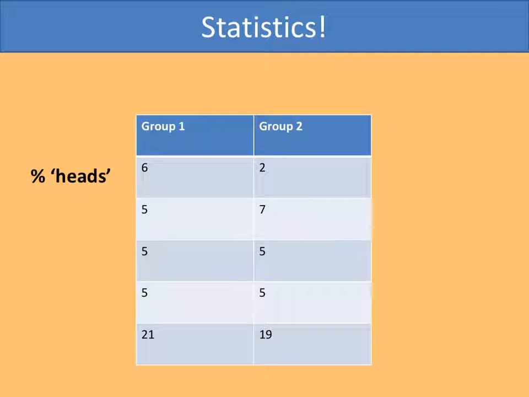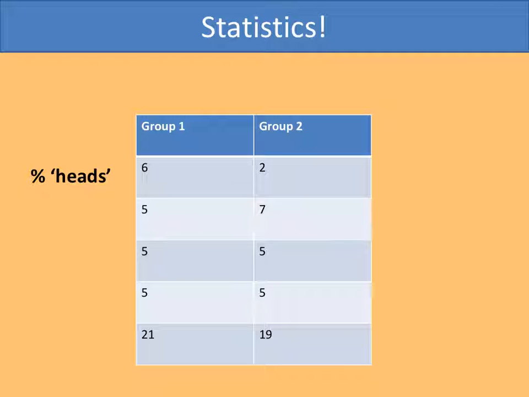Another individual, 5, 5, 5. Another, in the other group, some individual flipped a coin, was only 2. You could actually get, just by chance alone, small chance, you could end up flipping a coin 10 times and get 0 heads, for that matter. Okay? So we can actually find out whether there's actually a difference in this group.